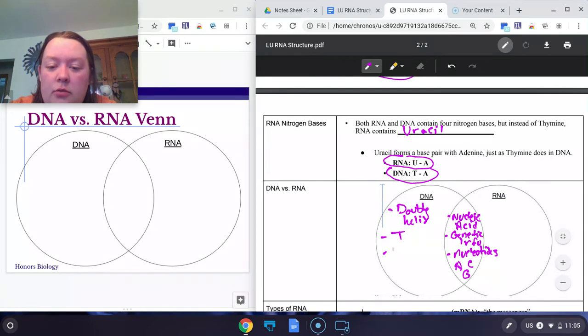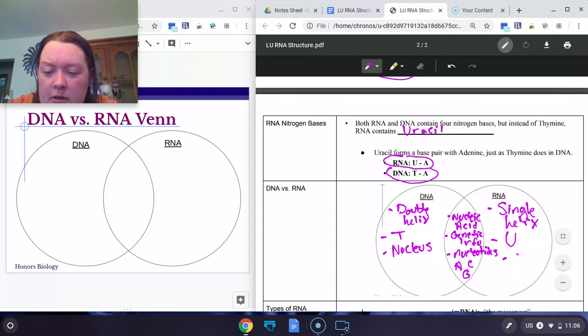It is found only in the nucleus. RNA is a single helix. It contains the base uracil.